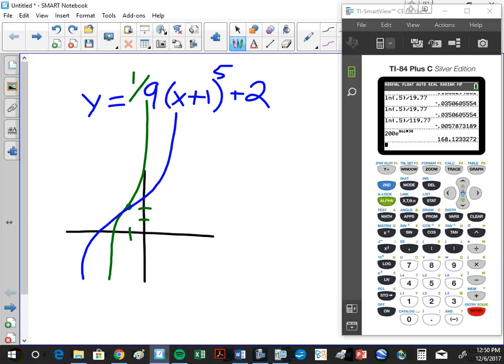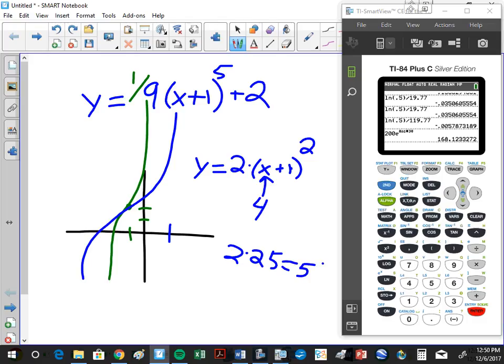Because you're actually stretching it vertically. So if I had y equals, like, (x plus 1) squared, and I plugged in the number 4, here, that would be 4 plus 1 is 5, and the answer is 25. So on the graph, I would go right 4 and up 25. But if there's a number out front, then this would be multiplied by that number, and we would get 50.